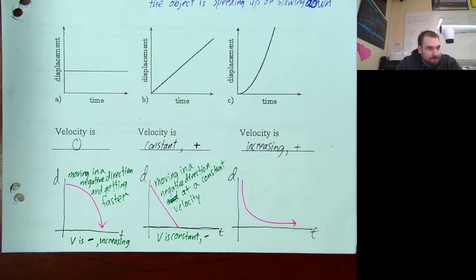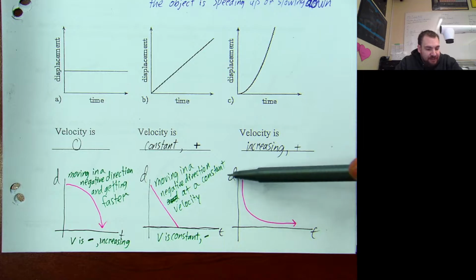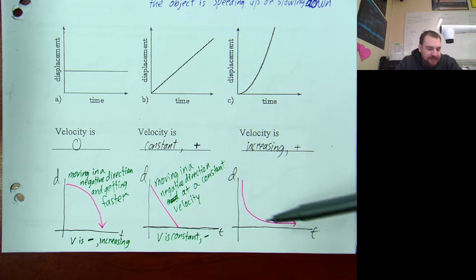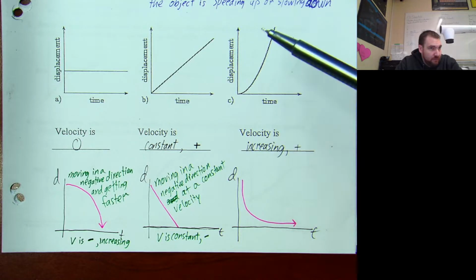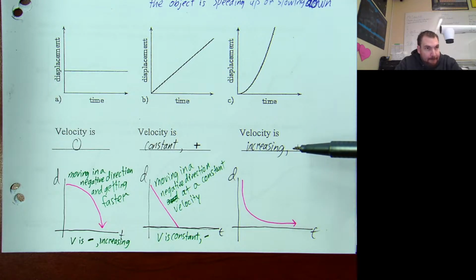Last one. If this is the line demonstrating the path of an object on a displacement time graph, what is happening here? Talk to me about the velocity first, and then we'll talk about the object. Manuel. The velocity starts off really fast.